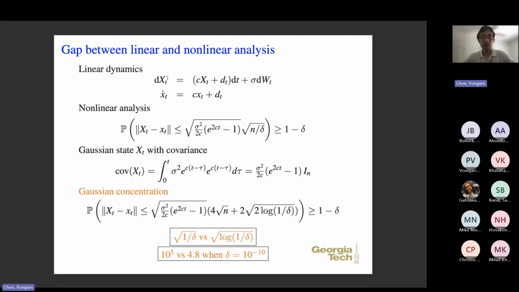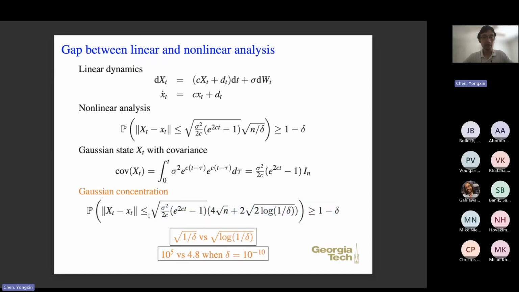So the random state x_t is a Gaussian random variable whose mean is the deterministic x_t and the variance is this one. And we know for a Gaussian random variable the expression is e to the power minus x squared, something like this, so the probability decays to 0 extremely fast. Thanks to this light tail behavior, you can actually compute that the probability for the distance to be less than this value here is greater than 1 minus theta.